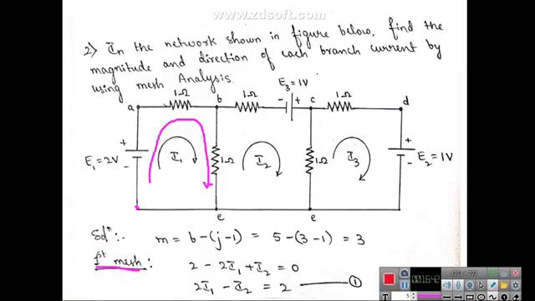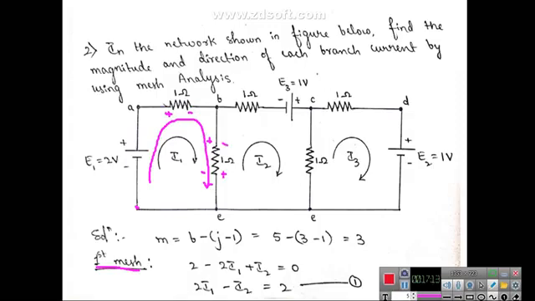Rise in potential is 2 volts, and because the current is flowing from positive to negative, that is a fall in potential. So the drop in these two resistors is minus 2 into I1, and for the drop due to current I2, the polarity of this one is plus minus.